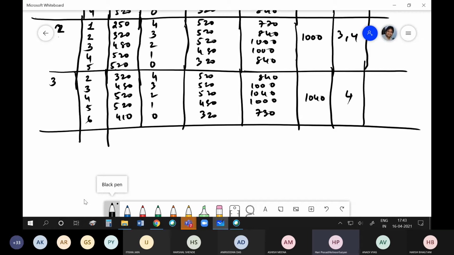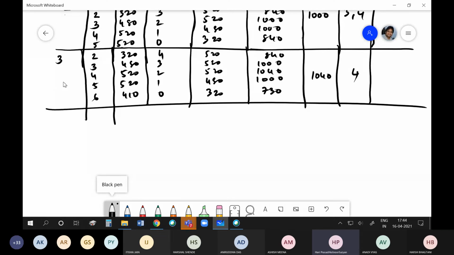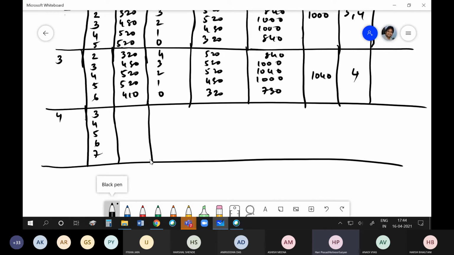Okay, so then what else? We have the fourth. If I have a capacity of 4, the possible releases are 3, 4, 5, 6, 7. With values 480, 520, 520, 410, 120.